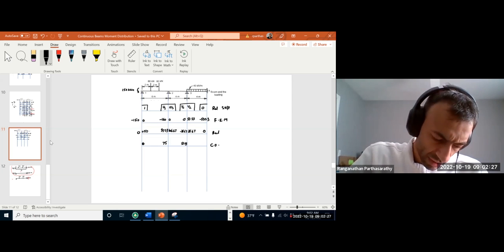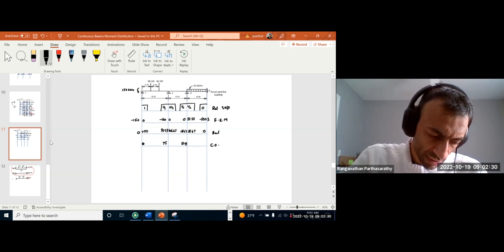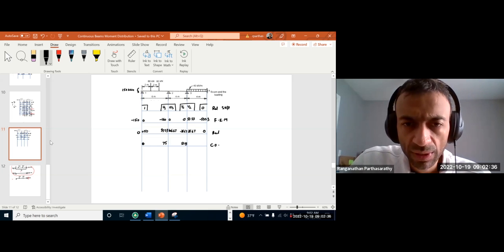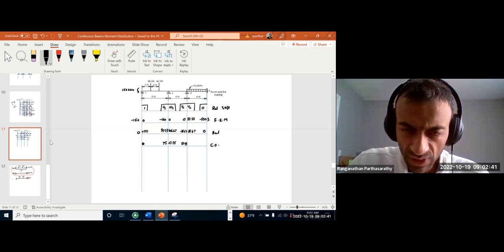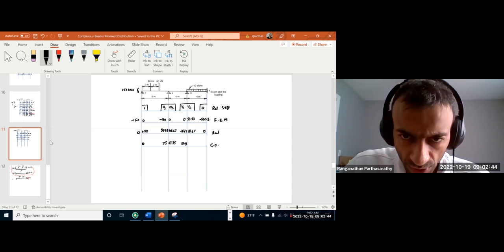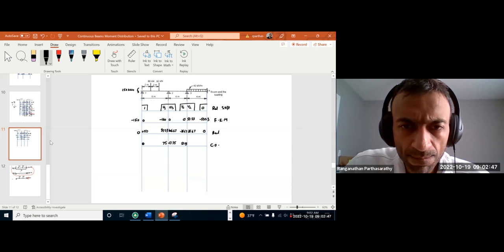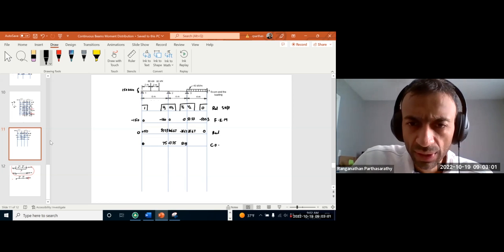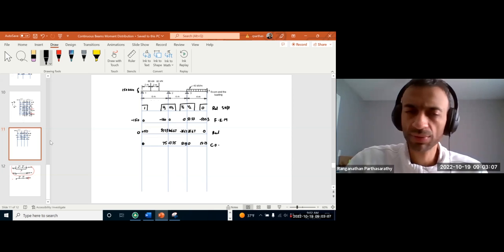Negative 26.67, half of it will get carried over. And here, half of this will get carried over. Here is 0. Okay, so that's fine.